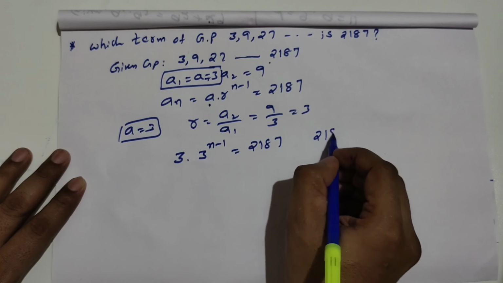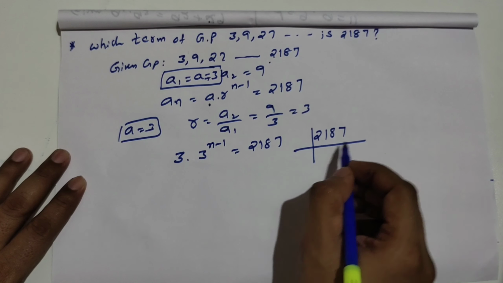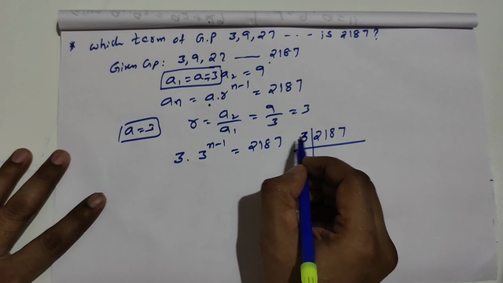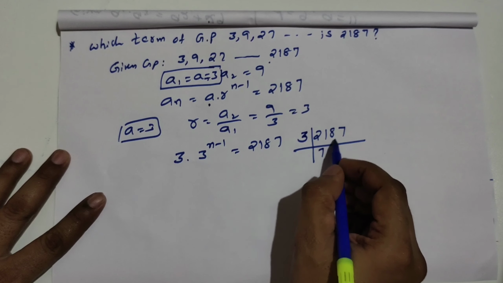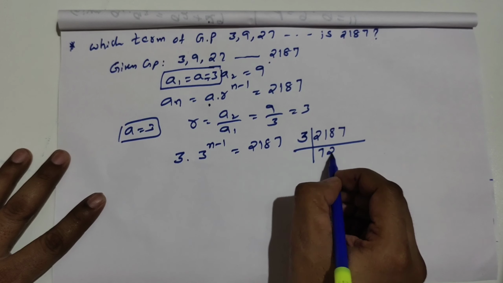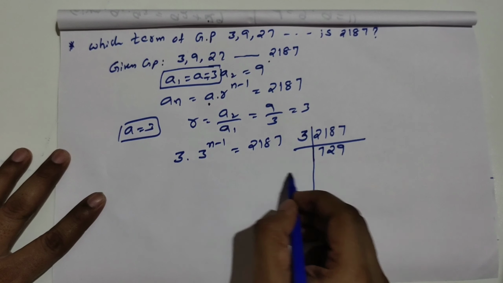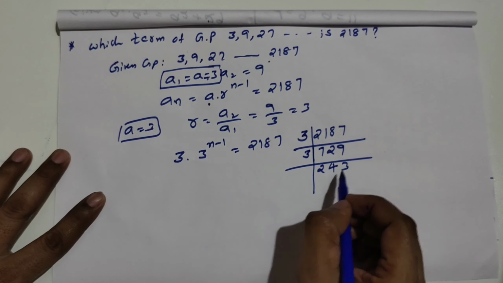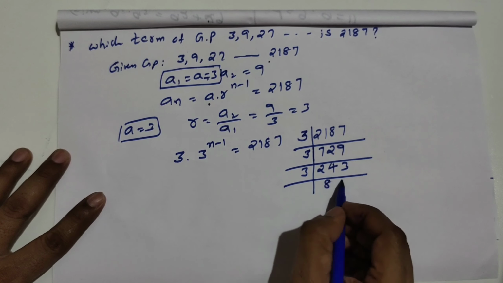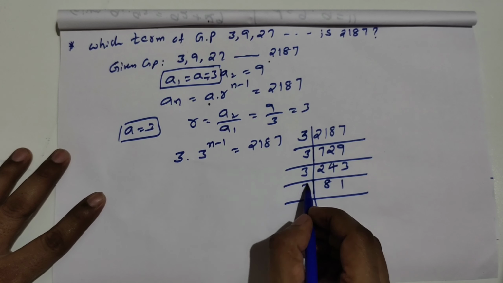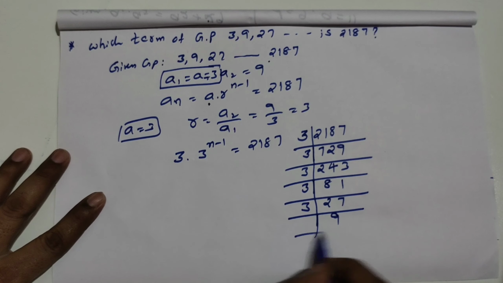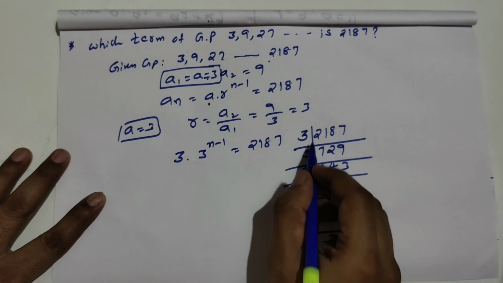So here we have to get 2187 in terms of exponents of 3. For that we need prime factorization. 3 7s are 21, 3 2s are 6, 3 9s are 27. Like this we have to do the prime factorization. Counting the factors of 3: 1 2 3 4 5 6 7.